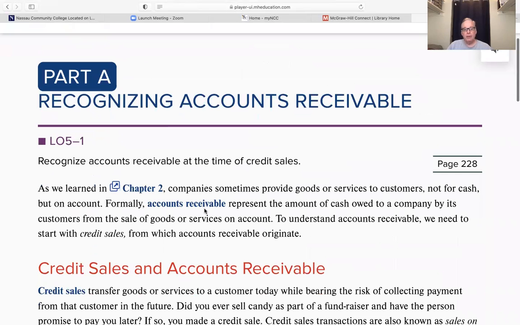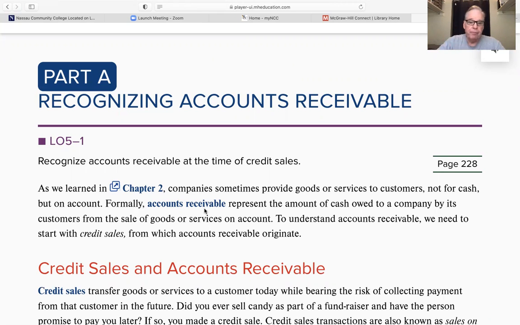Now, you know something about accounts receivable from prior chapters. When you do something for a customer, you provide a service or you sell a product, and your arrangement with the customer is that they will pay you later. As soon as you provided the service, as soon as you delivered the goods, you have revenue, right?